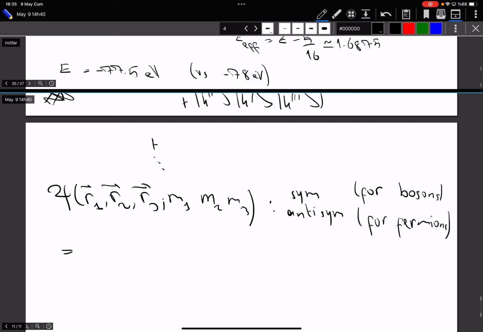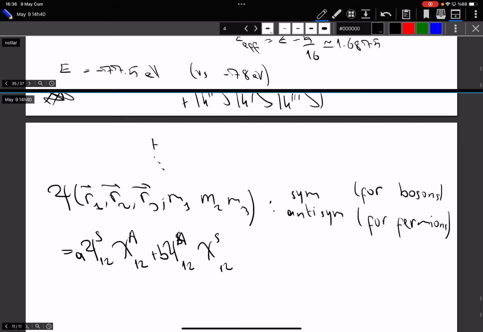This will be, for example, psi symmetric under 1, 2, chi anti-symmetric under 1, 2 with some coefficient a, plus psi anti-symmetric under 1, 2, and chi symmetric under 1, 2 with some coefficient b. Neither the first term nor the second term is symmetric or anti-symmetric under the exchange of 1 and 3, for example.